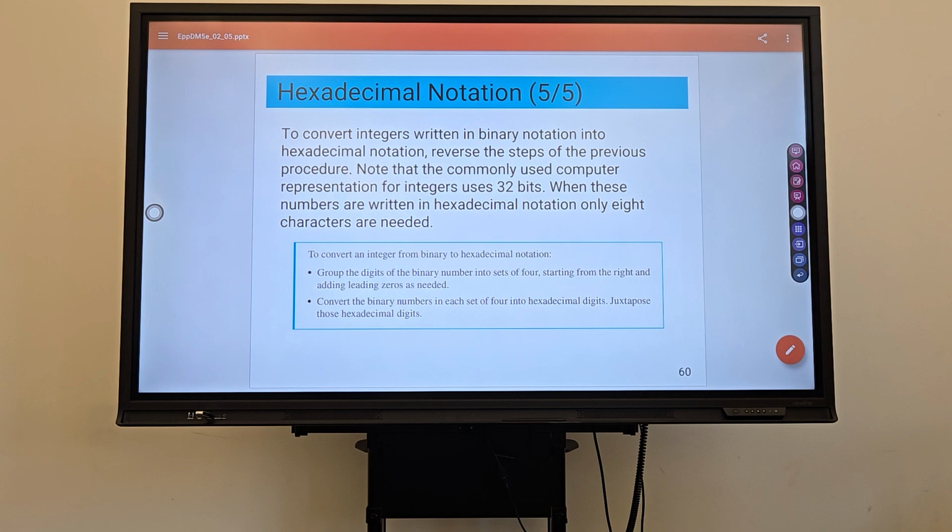When these numbers are written in hexadecimal notation, only 8 or 16, in the case of 64-bit numbers, digits are used. So it is much more compact to write 8 digits instead of 32.